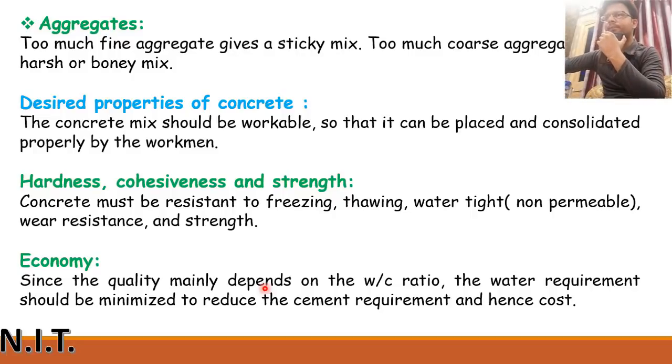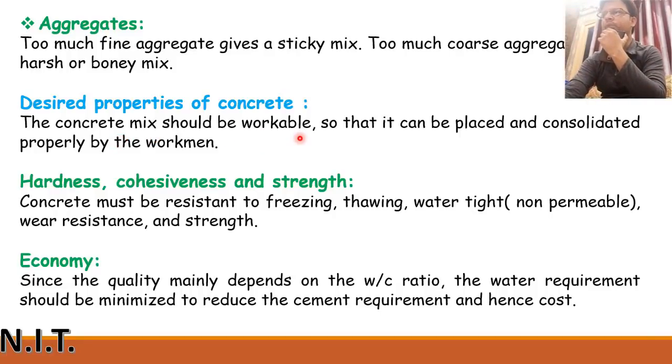Aggregates: too much fine aggregate gives you a sticky mix. It will stick. It will not be that much workable. And too much coarse aggregate gives you a harsh or bony mix. If you want the desired properties of the concrete, then you need to focus on all these things.